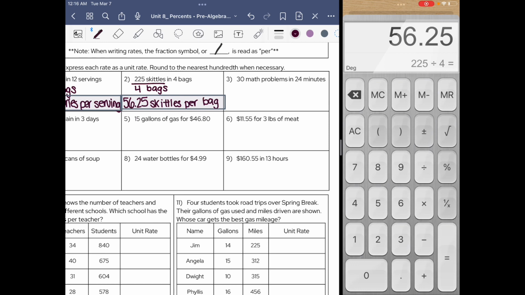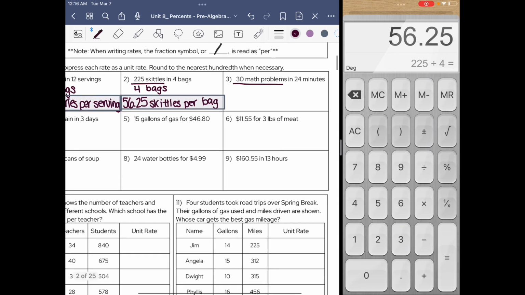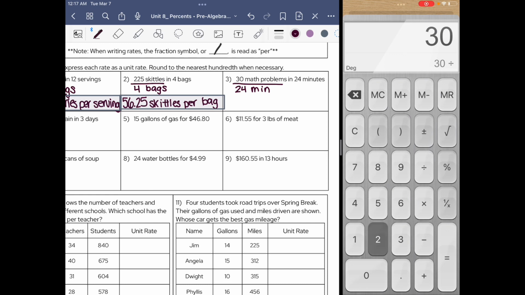What that means is 30 over 24 minutes. 30 divided by 24 is 1.25, or 1.25 problems per minute. So you solved a little more than one problem per minute.